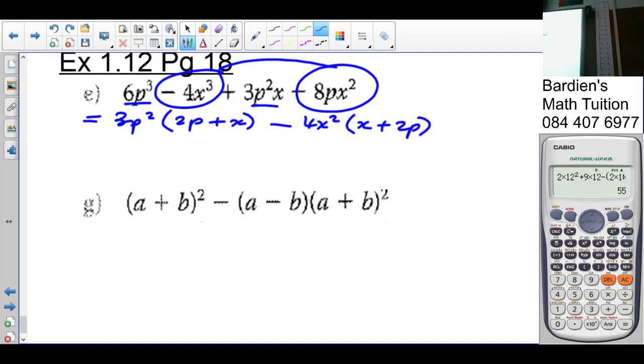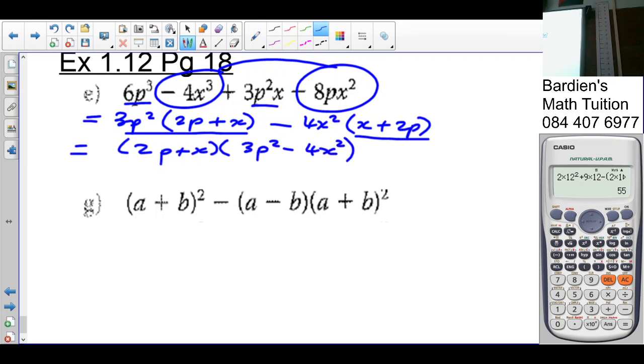So is x plus 2p the same as 2p plus x? Yes, I don't need to swap it around there. So as you can see, 2p plus x is common. I'm left with 3p squared minus 4x squared. Did any factorization happen on the second bracket? Difference of two squares? Why not? You've got the 3. 3 is not a perfect square.